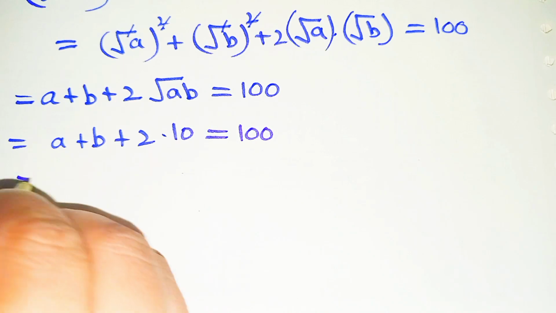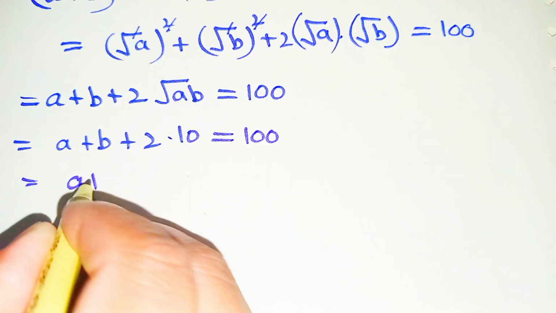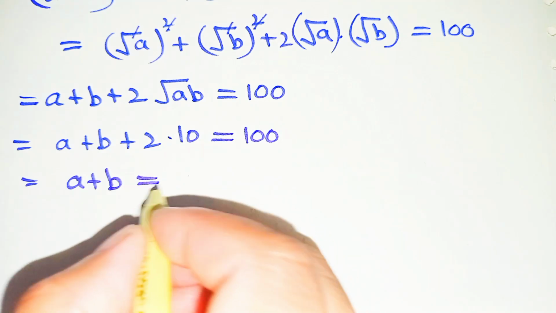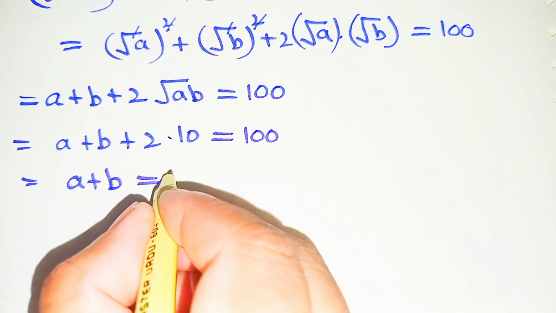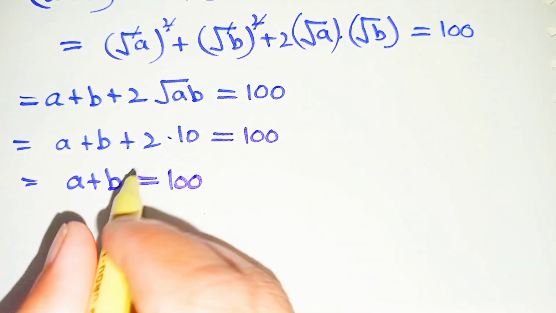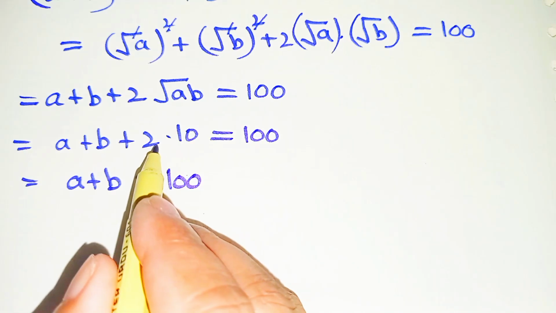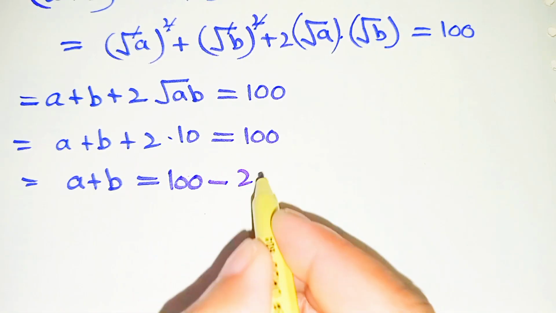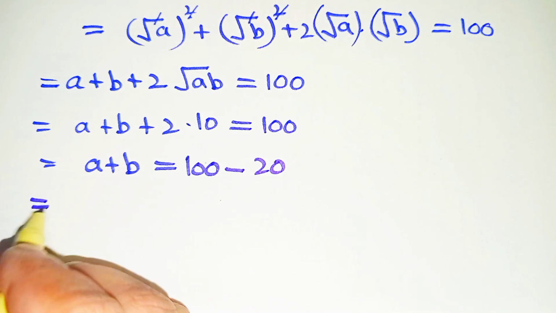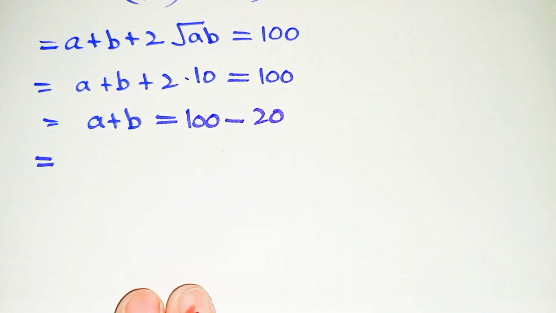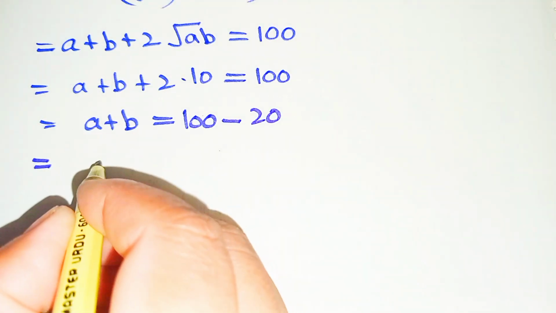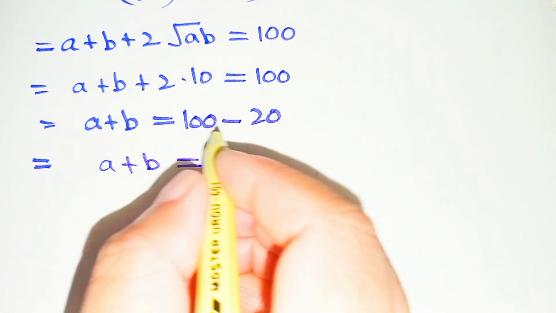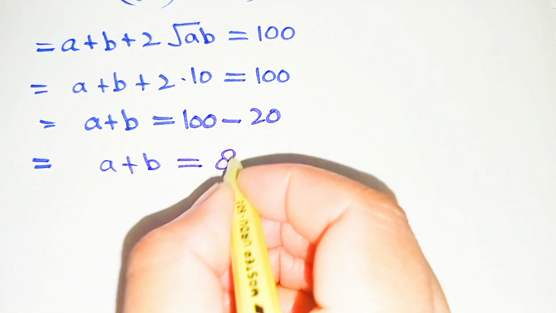So a plus b is equal to 100, and 10 multiplied by 2 is equal to 20. This plus 20 is moved over as minus 20. In the next step, a plus b is equal to 100 minus 20, which is 80.